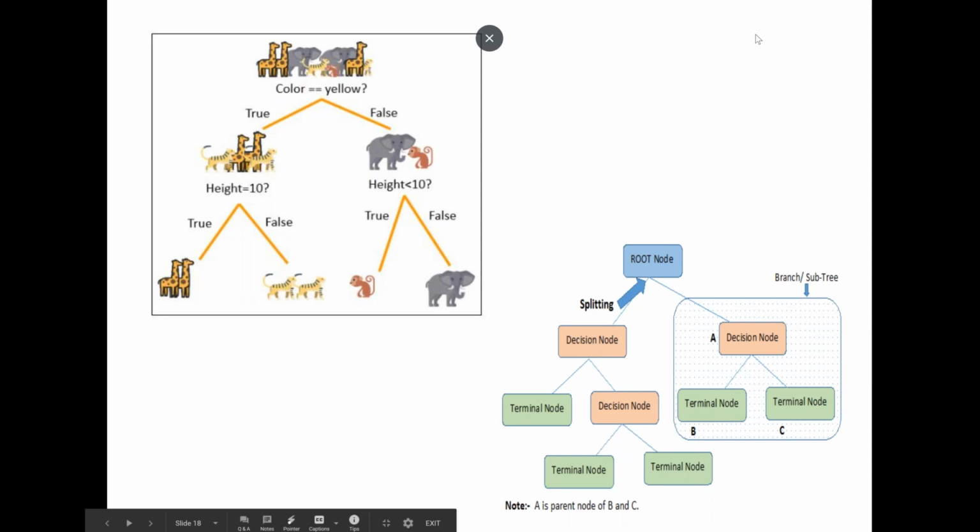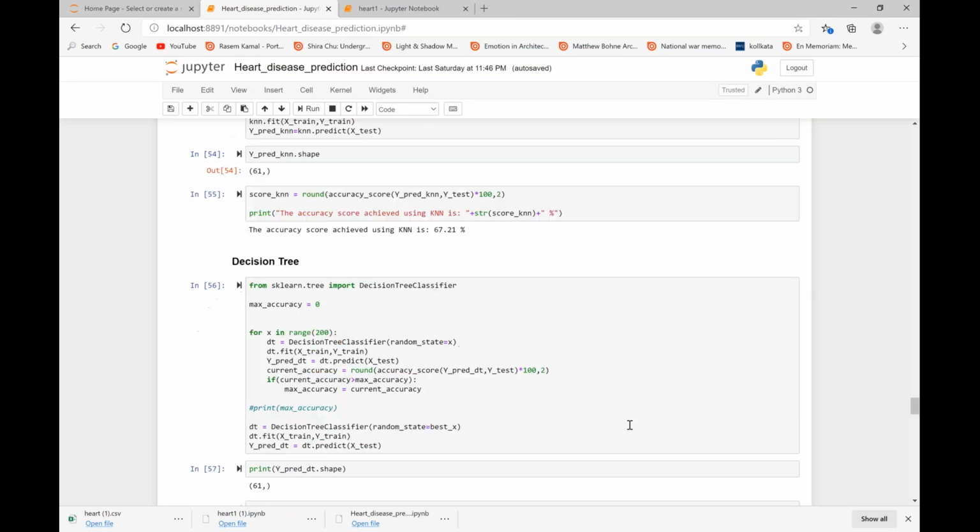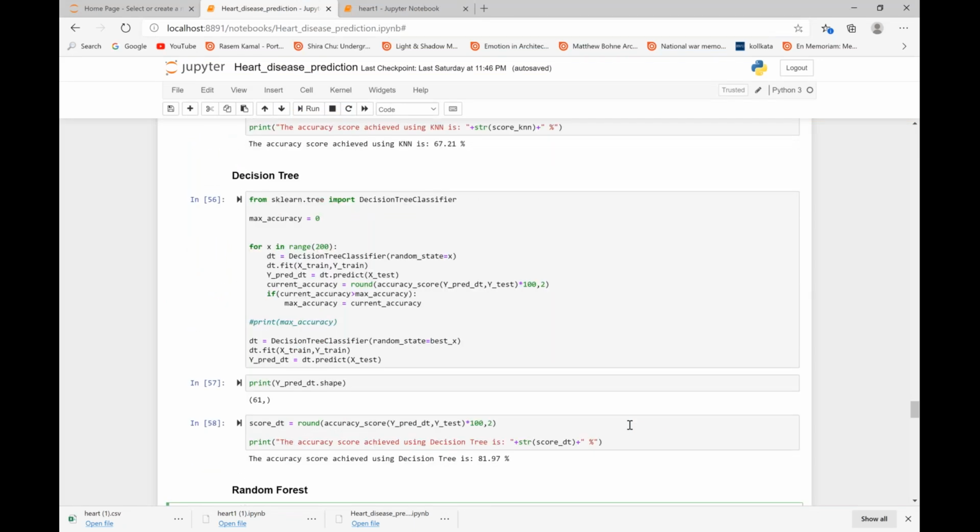We found the accuracy of the decision tree to be 81% after running the code and predicting it. In the code, we set the maximum accuracy to 0 initially. Then we train the data and try different decision trees.